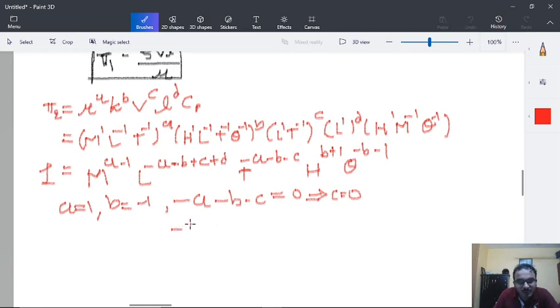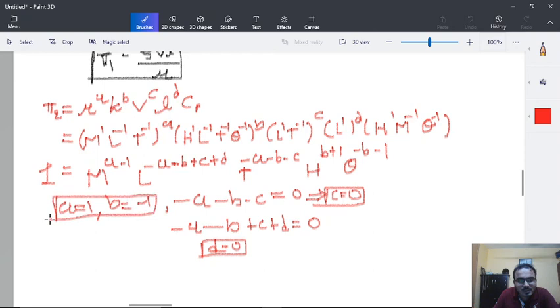And finally the value of d, from minus a minus b plus c plus d equal to 0, ultimately we obtain that d is also 0. So d is 0, c is 0, a is 1 and b is minus 1.